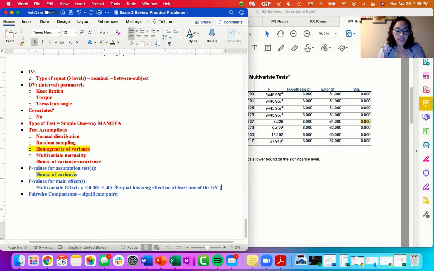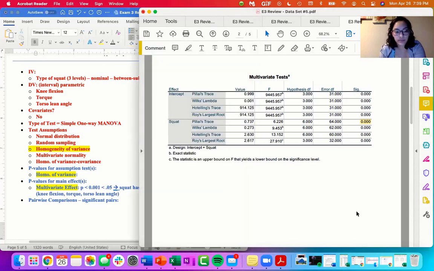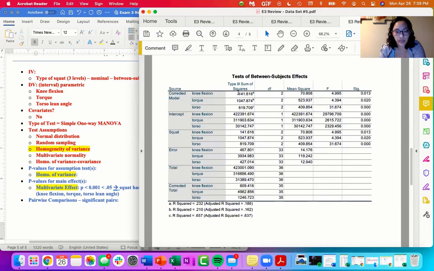And then I'll just list them here: knee flexion, torque, and torso lean angle. This would be one instance where you could put DV, but as long as you explain what those are, you're good. Okay, so that's the first thing we see in the output. Technically, you're supposed to look at the assumption test first, but that was bad on me. It's fine.